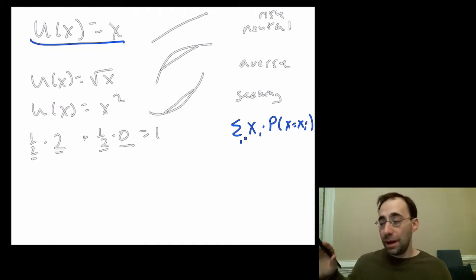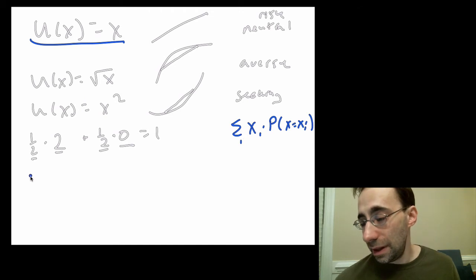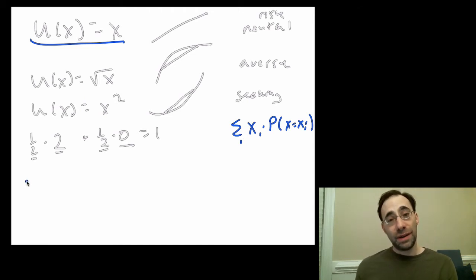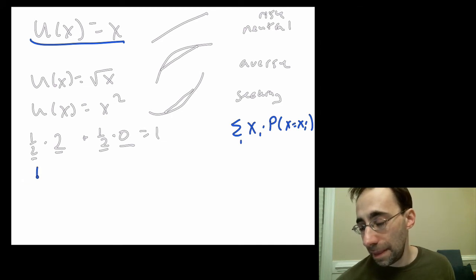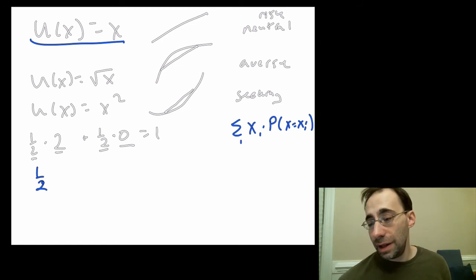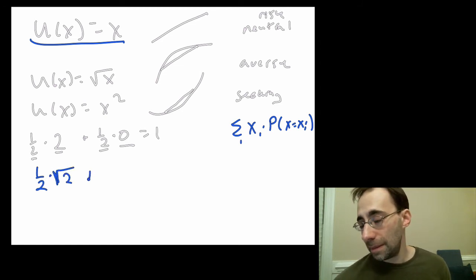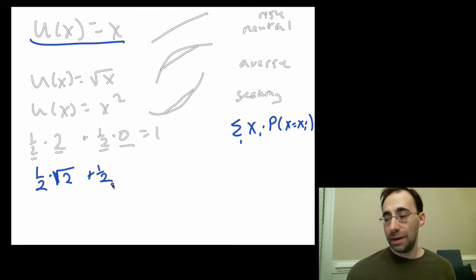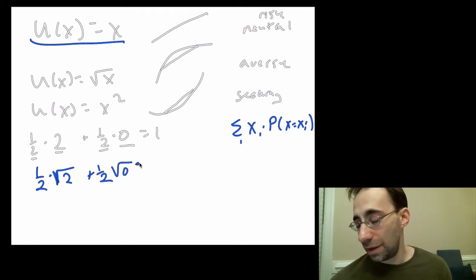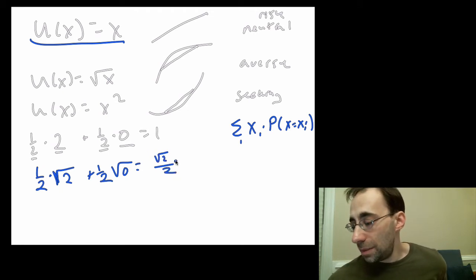Now, what about risk averse? The expected value is still 1. But what's the expected utility? It's 1/2, but it's not 2 anymore. It's the square root of 2, because utility is the square root of x. This is still the square root of 0, which is still 0. So now you have the square root of 2 over 2, which is about 0.7 or so.